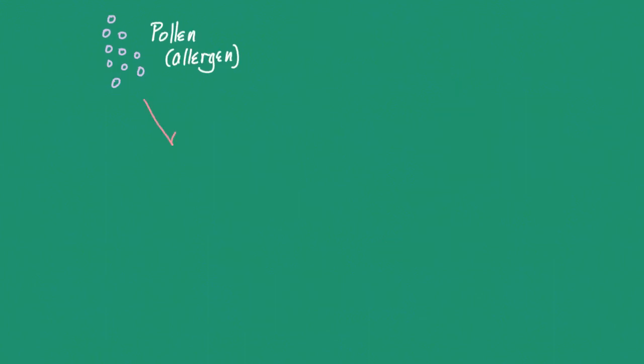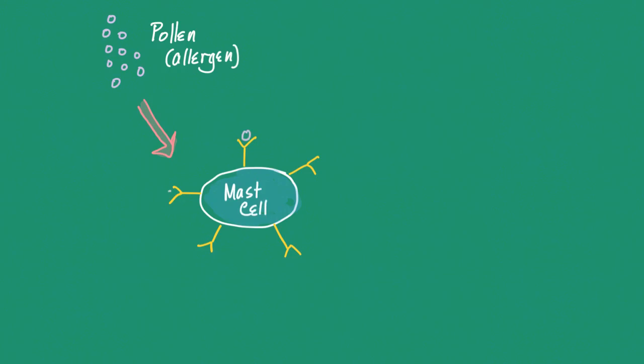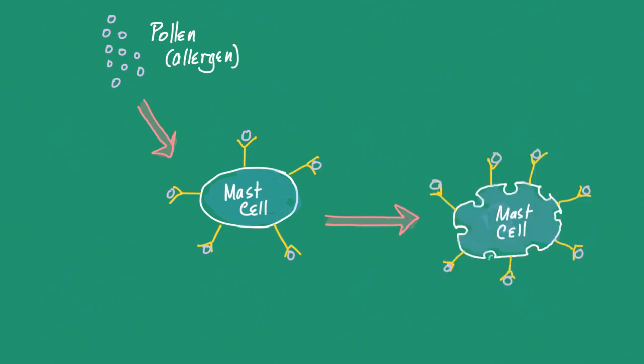Now we're exposed to the same pollen or allergen for a second time. When the pollen enters the bloodstream, it comes in contact with the mast cell. The mast cell, which was previously exposed to the allergen, now has IgE antibodies still attached to it. These IgE antibodies immediately recognize the pollen, so there's the pollen attached to the IgE. When that happens, the mast cells respond by releasing large amounts of histamine.